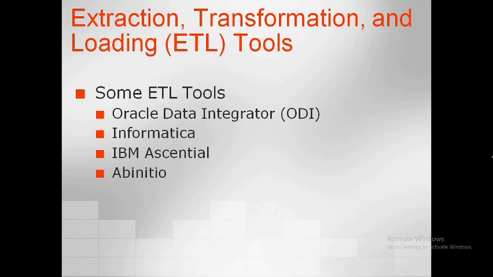Third one is Ab initio. See, these are the tools. Tools for what? These will extract the data from the databases, transform it into a common format, and load it into the warehouse.